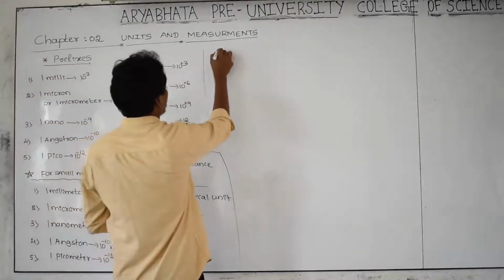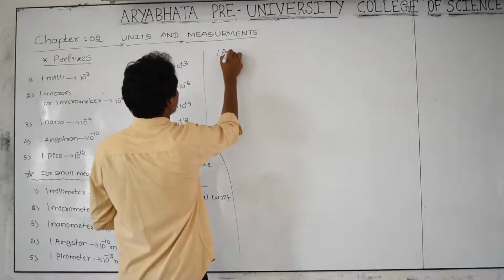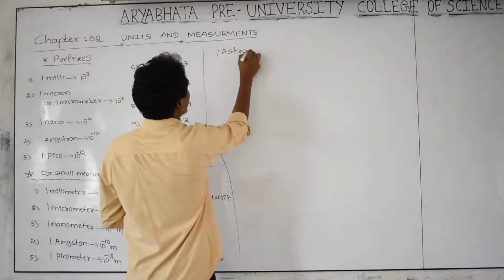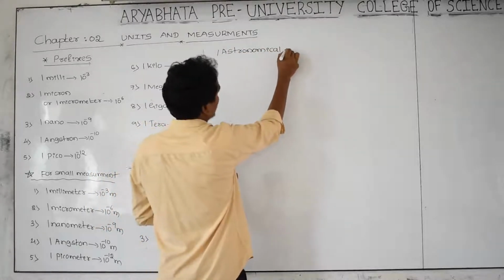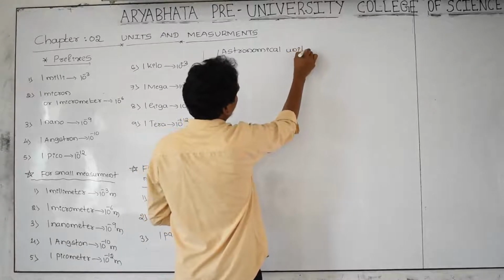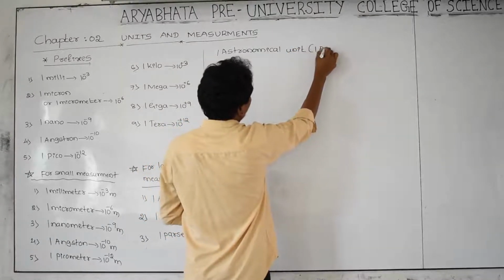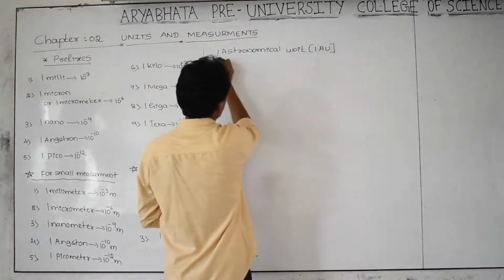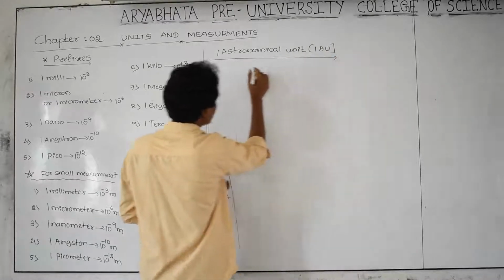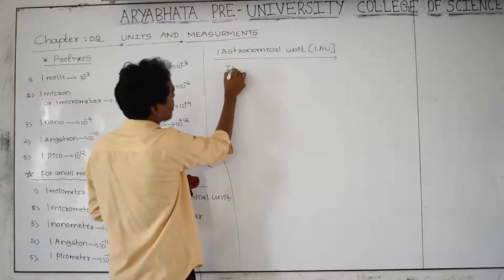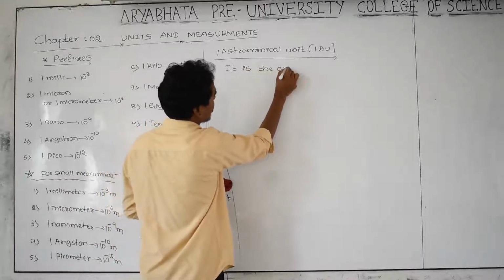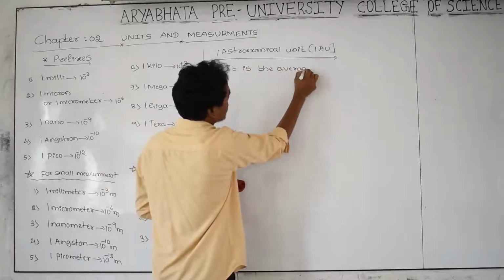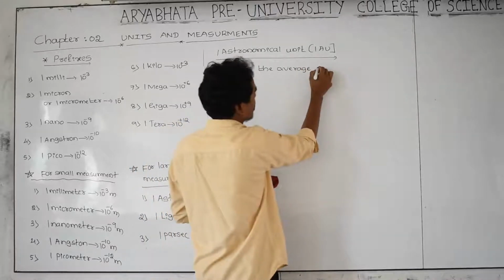What is one astronomical unit? Shortly we are going to call it 1 AU. It is the average distance between Sun and Earth.